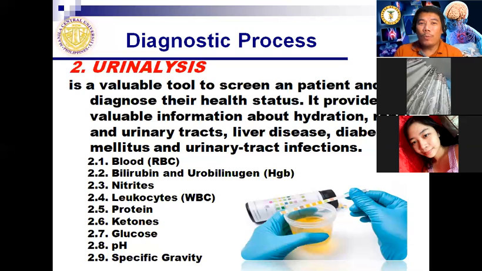So this is a valuable tool to identify if there is a problem with urinary tract infection. Urinalysis can also identify problems with liver and gallbladder. Urinalysis may also identify risk for diabetes or ketoacidosis and other urinary infection.